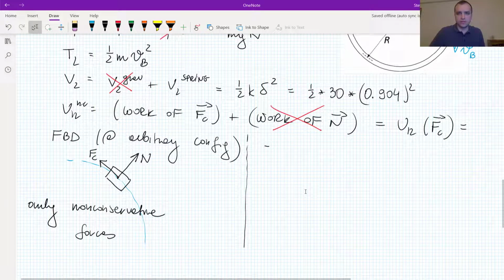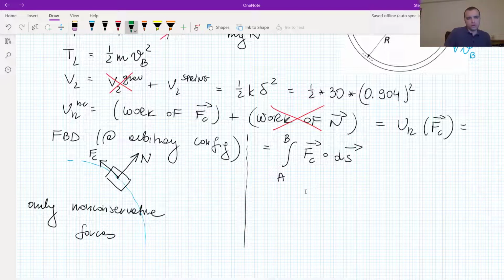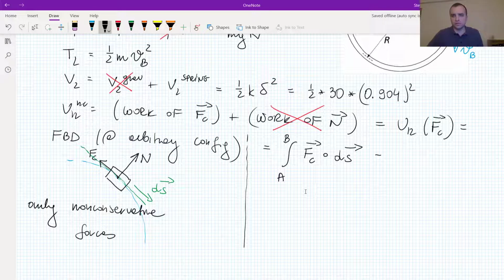We can write such an integral from A to B of Fc times ds. I also hope that all of you see that our ds is always pointing in the opposite direction to Fc, because our body moves this direction. So our integral will look like that: integral of minus Fc ds.